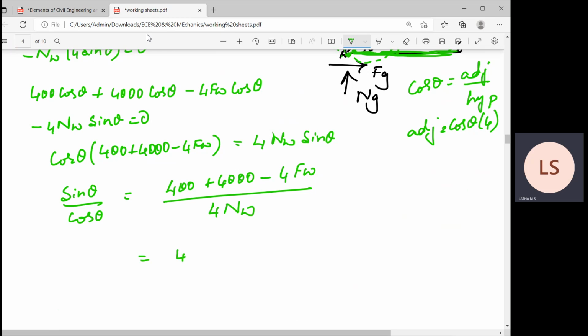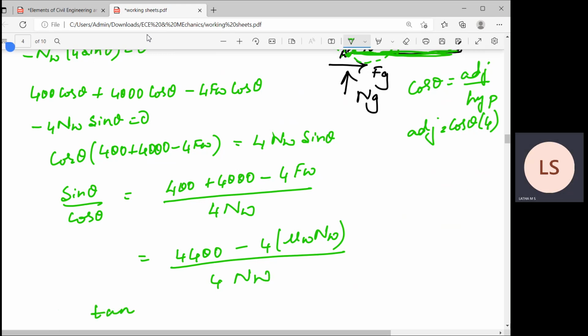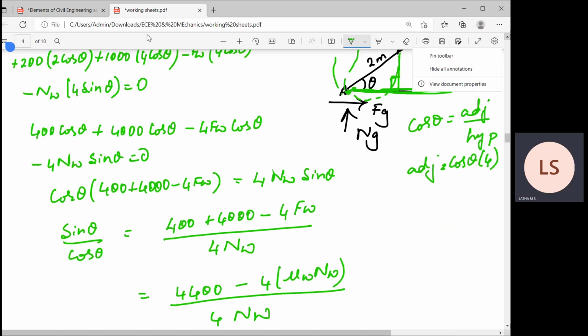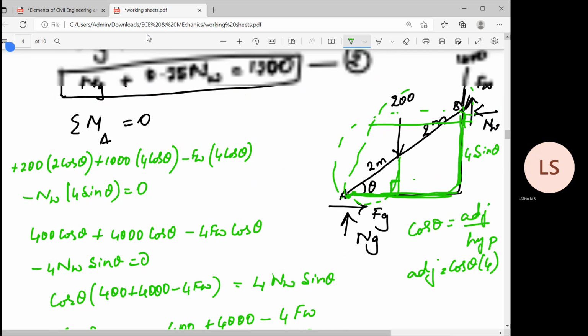So I can write it as 4400 minus 4 into mu W into Nw divided by 4 Nw. So tan theta is equal to, do we have any value here of Nw?